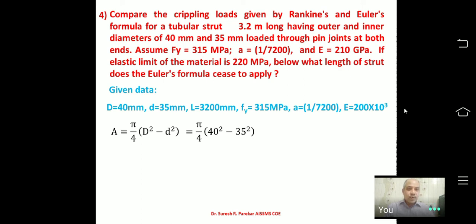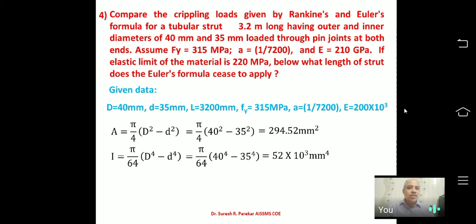Then we have I, that is pi by 64 D4 minus d4. Then we have this value 52 into 10 raised to 3. Then we have R, which will be under root of I by A, and that value of R we have 13.29 millimeters.